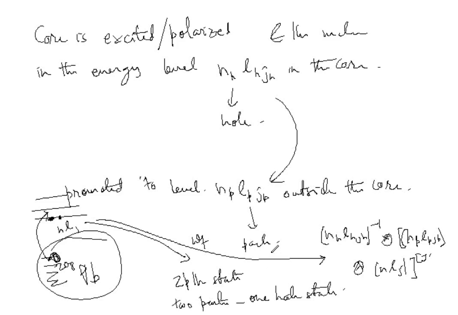So in this case, the spin and parity of the whole nucleus must become identical to those of the hole states.